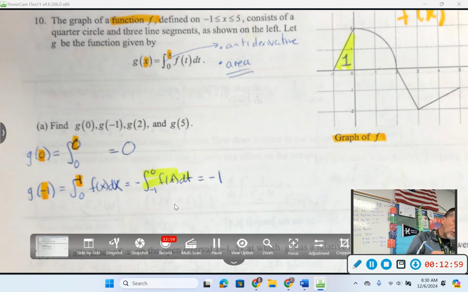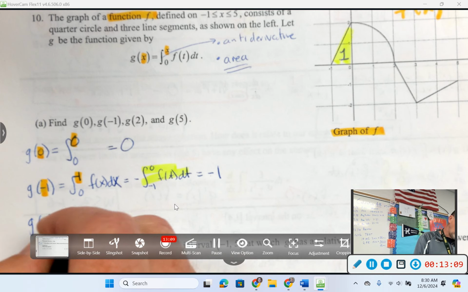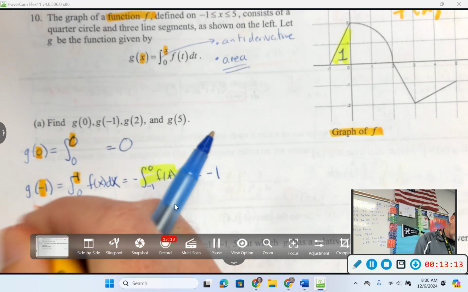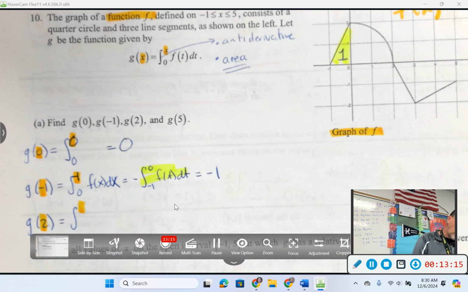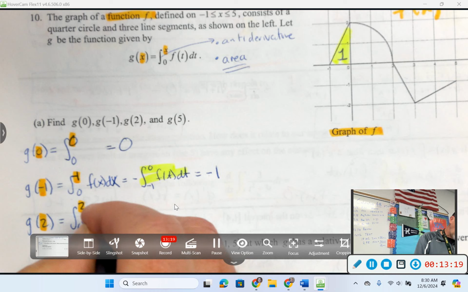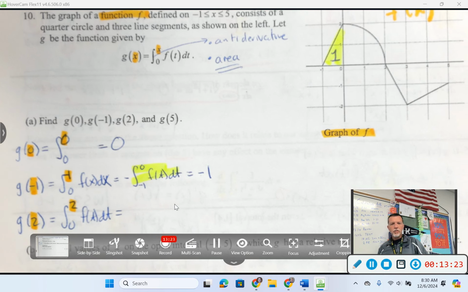So be careful though, that means my g of -1 is -1, because we went backwards. Alright, g of 2. So 2 is my input. So the area from 0 to 2. I like this one better because we're moving forward. I don't have to worry about negatives and switching things around.